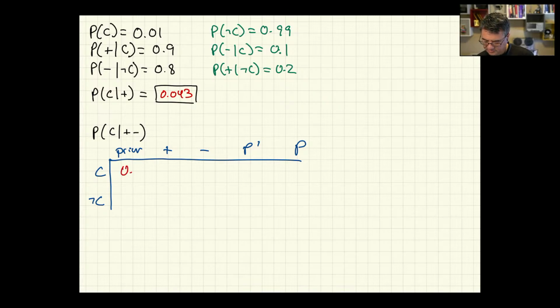So our prior numbers are the same. The positive numbers are the same. But the negative numbers are different, obviously.